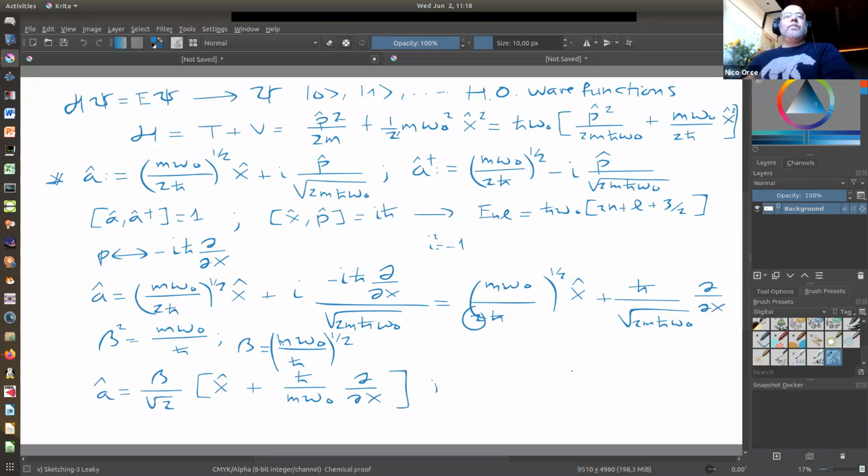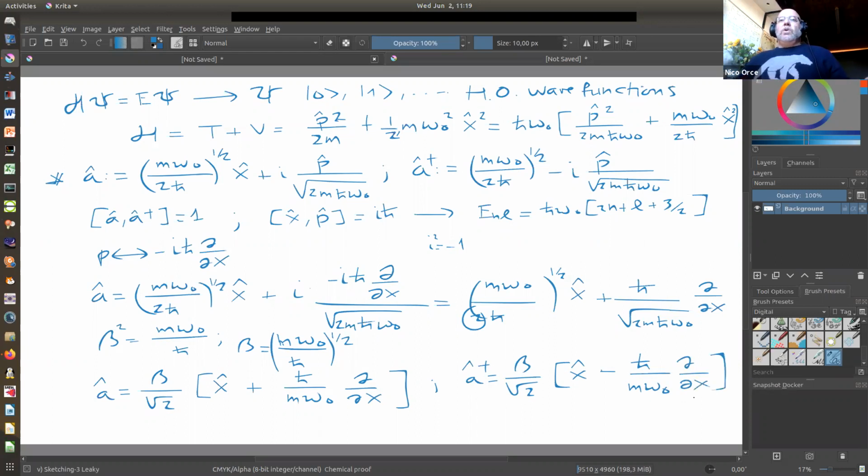Similarly for A dagger, the creation operator, we have beta over the square root of 2 times x minus (h bar over m omega naught) partial derivative with respect to x.